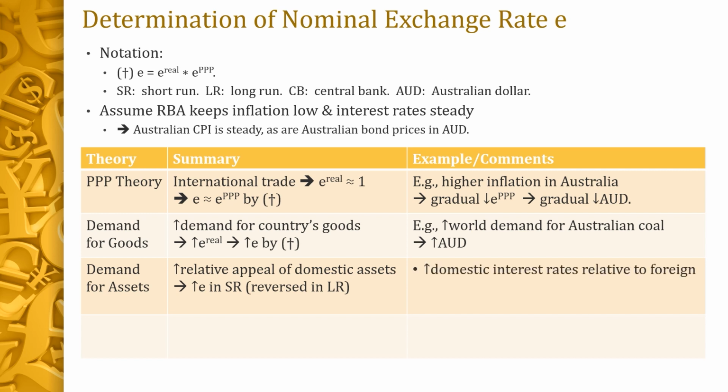There are 4 key events that can make Australian assets more appealing relative to US assets. The first is a rise in the Australian interest rate relative to the US interest rate. The second is a rise in the US default risk relative to the Australian default risk. The third event is the imposition of restrictions on foreign asset ownership by Australian households.